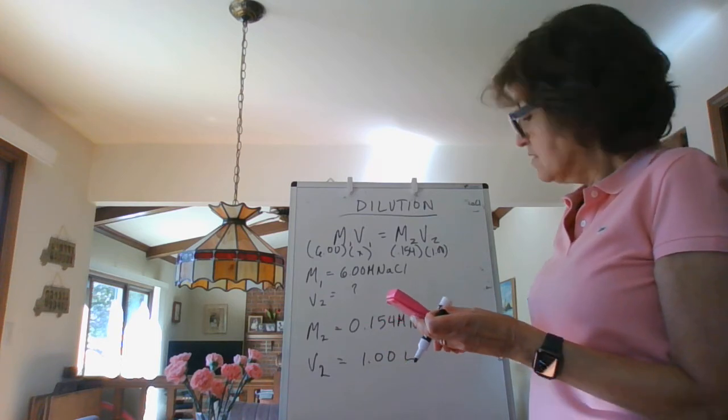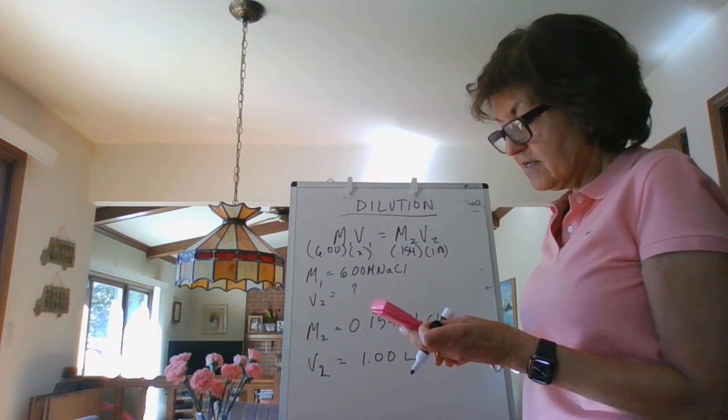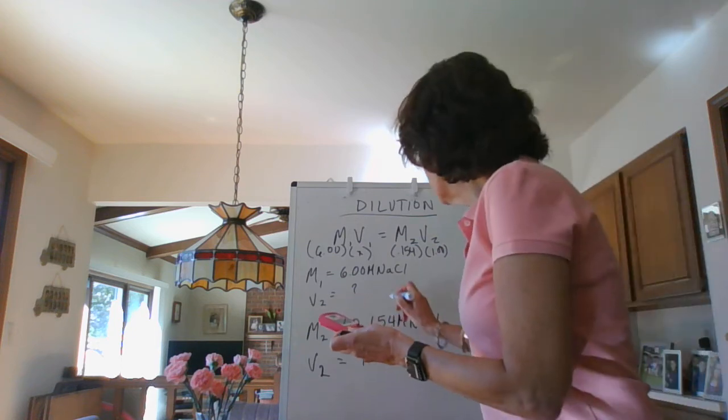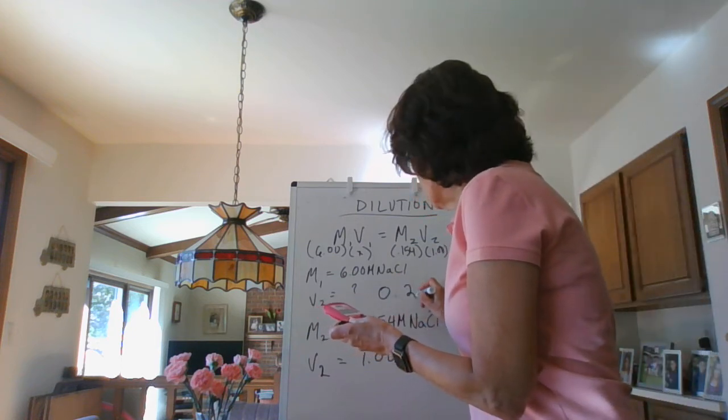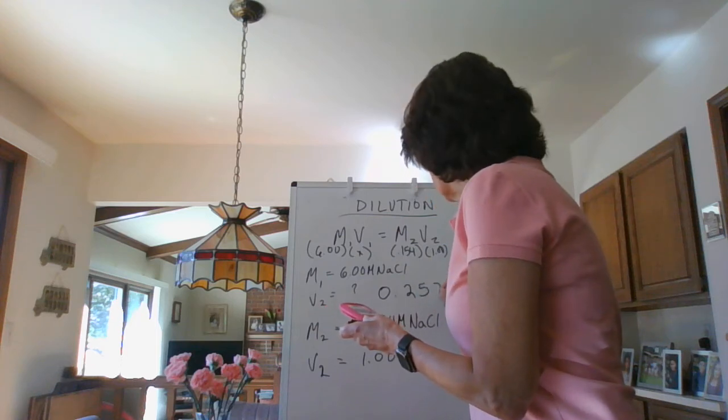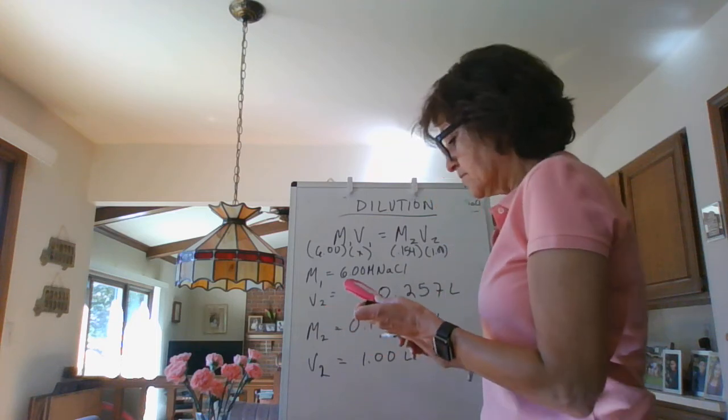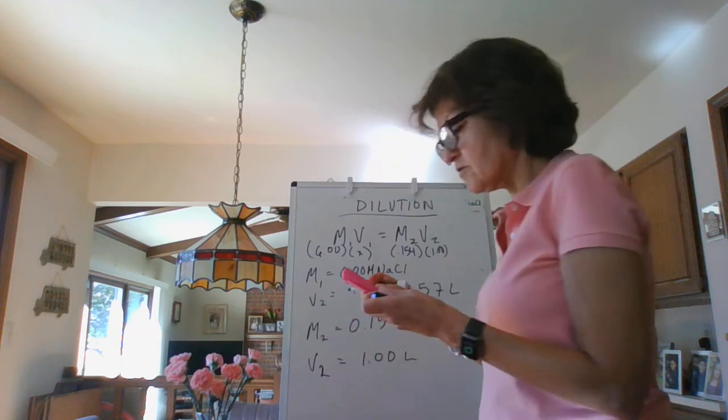0.154 divided by 6 is equal to 0.0257 liters, which is 25.7 milliliters. See, I'm forgetting the zeros, this is really bad.